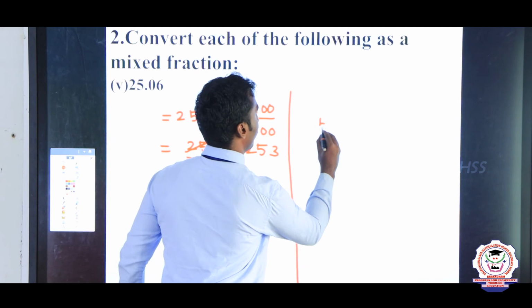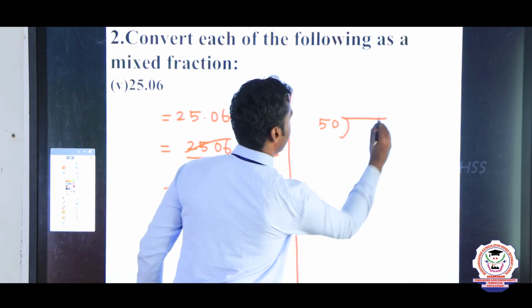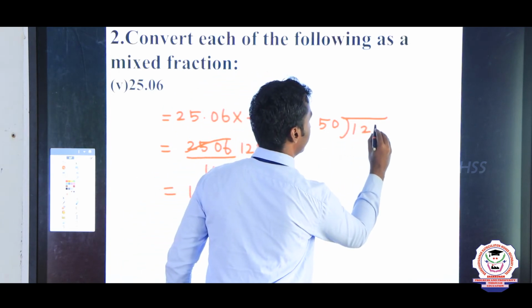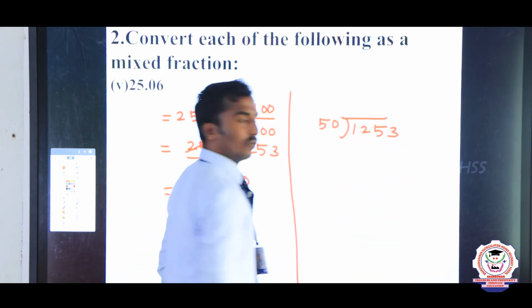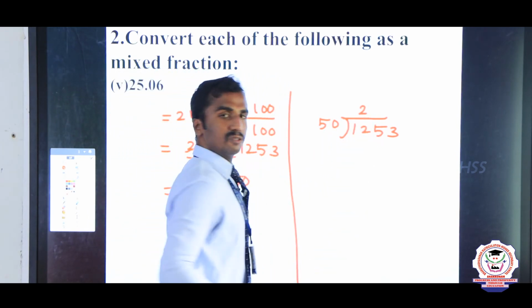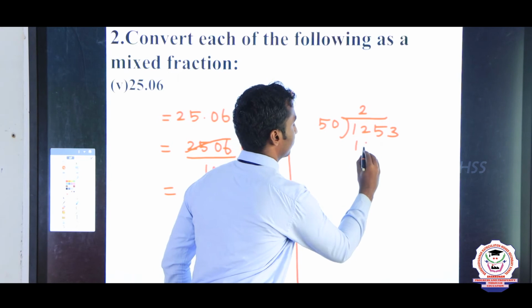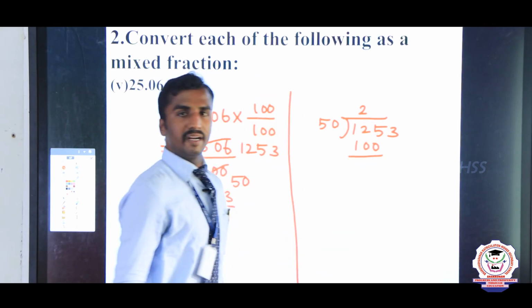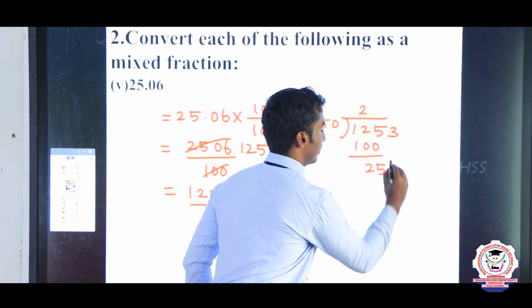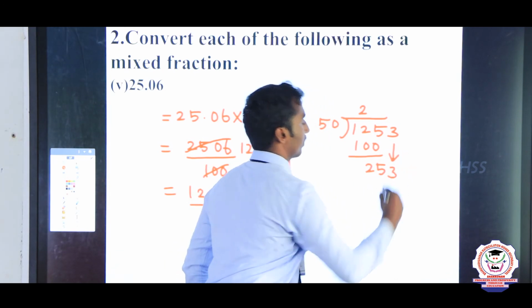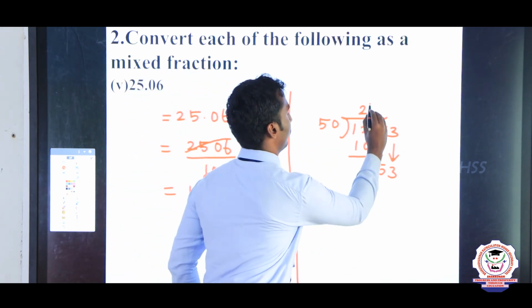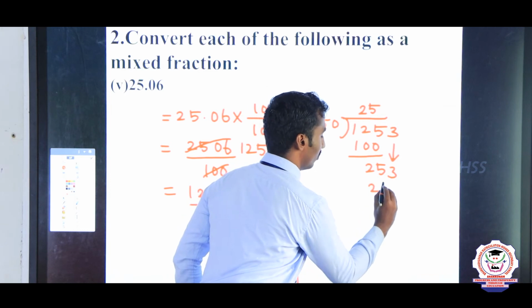Listen, 1253. 50 2s are 100. Remainder 125 minus 100, we get 25. So next, this 3: consider 253. 50 into 5, 250.